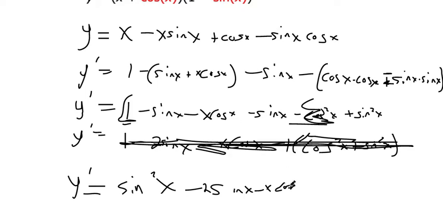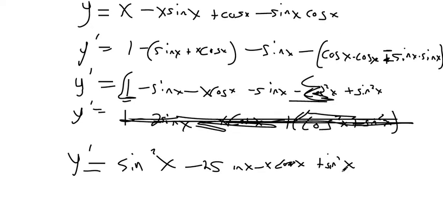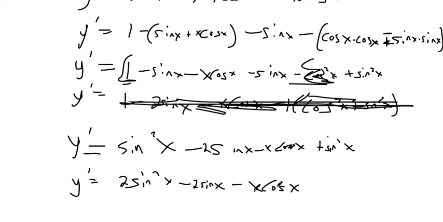We got x cosine x plus sine squared x. So these two can combine because they're the same term. So we got 2 sine squared x minus 2 sine x minus x cosine x. Okay. And which is the same thing we got with the other approach.